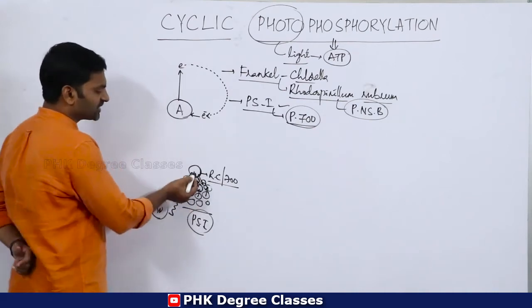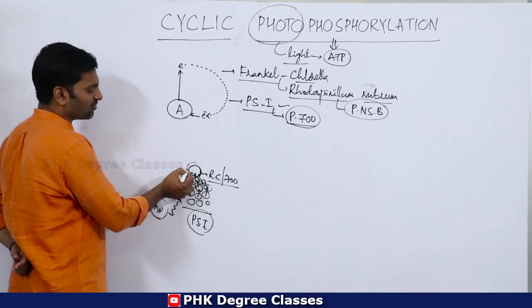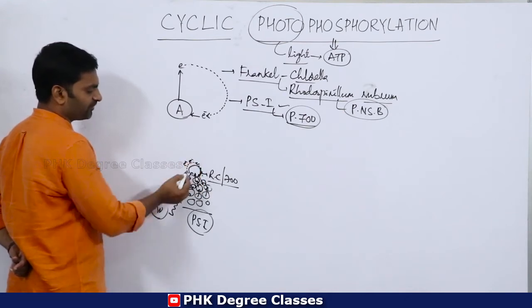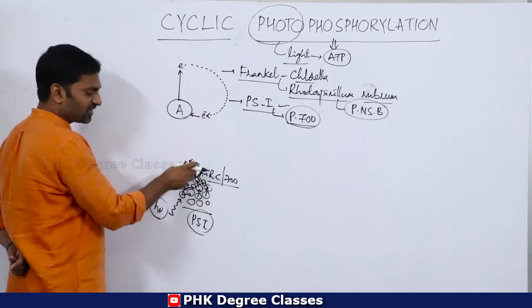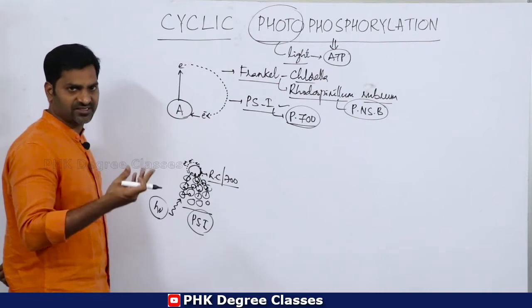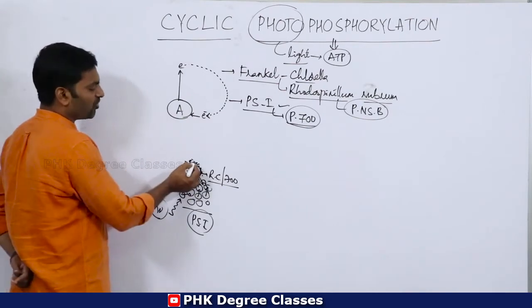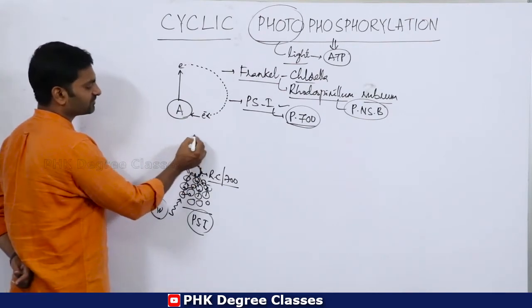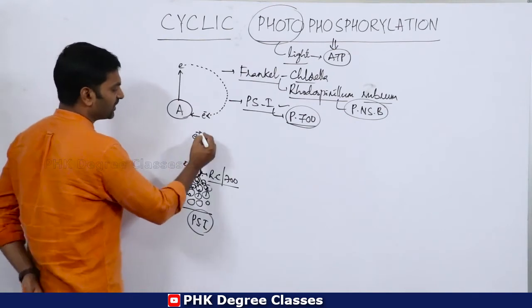The electrons are in the outer orbital. Whenever it receives energy, it becomes excited. Then the electrons are lost.